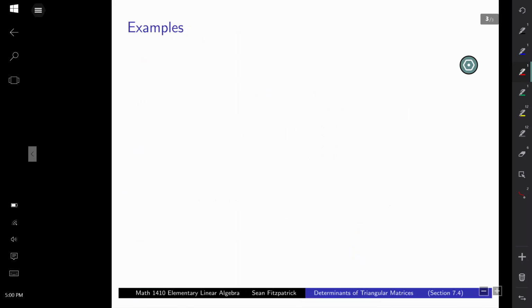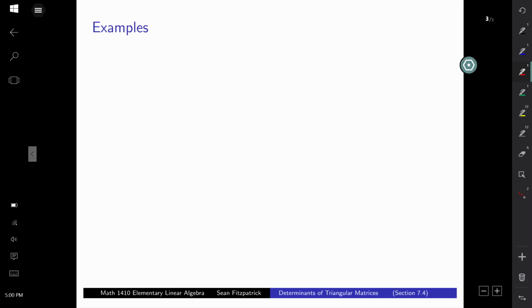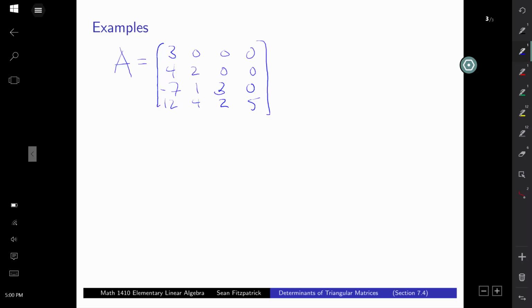It's much faster. So let's do a couple of examples so we can see why this theorem is true. Let's say I do this one: 3, minus 7, 1, 3, 0, 2, 0, 0, 1, 3, 0, 4, 2, 5. Why is the determinant just the product down the diagonal?